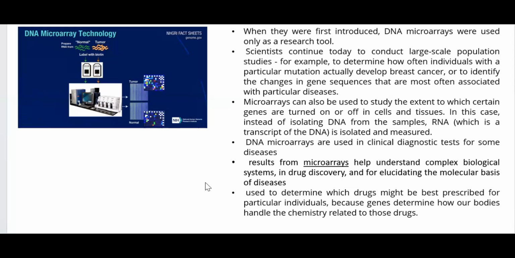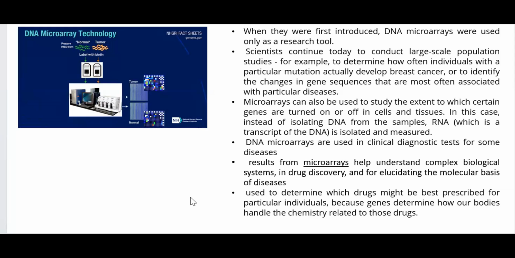So the hybridization process not necessarily has to be between two nucleic acid samples, one as a probe and a complementary sample DNA, but it can be between any molecule which has a complementarity for another molecule for interaction. That's why we have antibody microarrays also, or protein microarrays also. So it also can be used to determine the molecular basis of the disease.